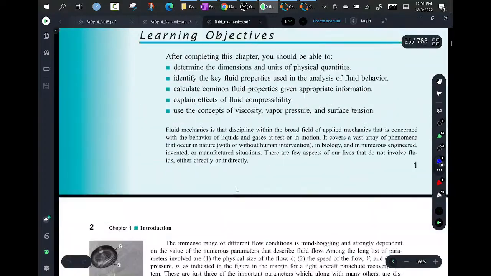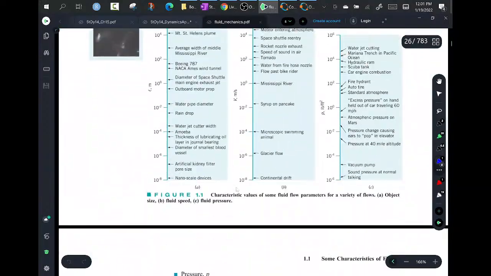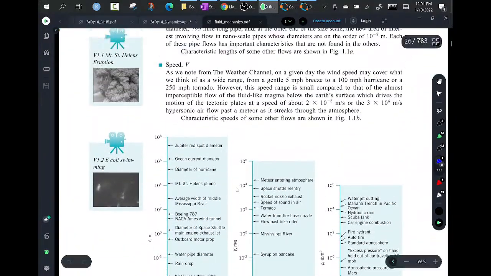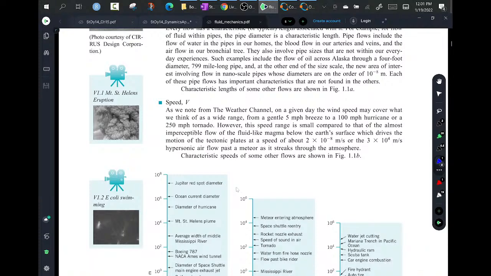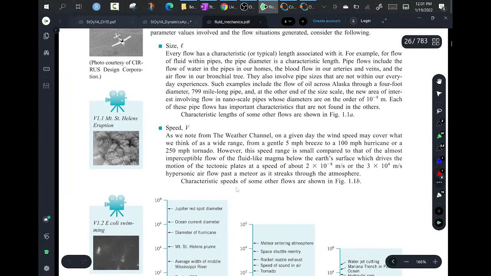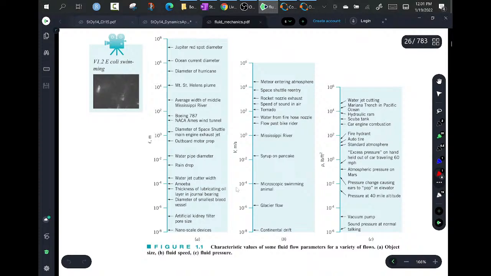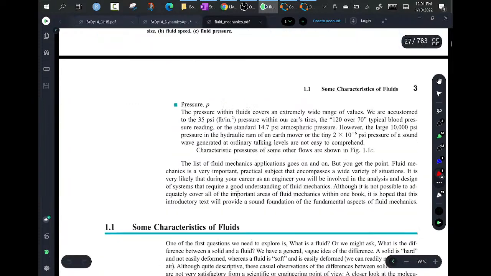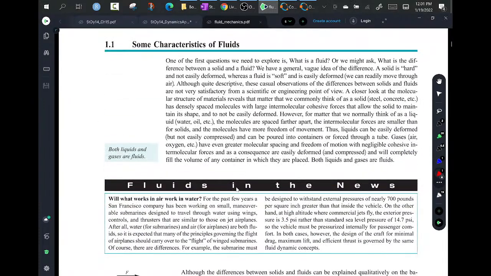So in chapter 1, basically, we're looking at the properties of fluids. Here he talks a little bit about fluids and what it actually is. He first calls them characteristics. There's two things people confine them to.